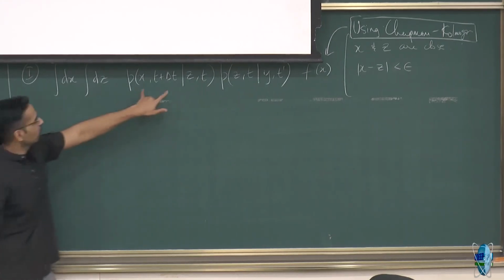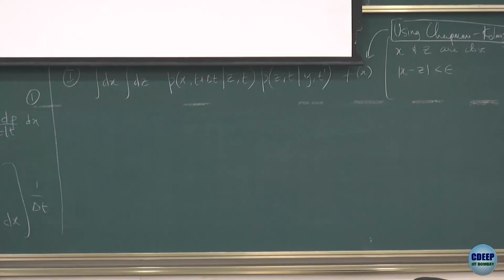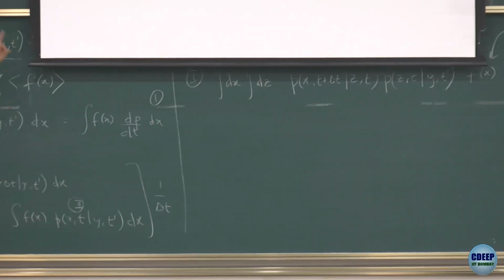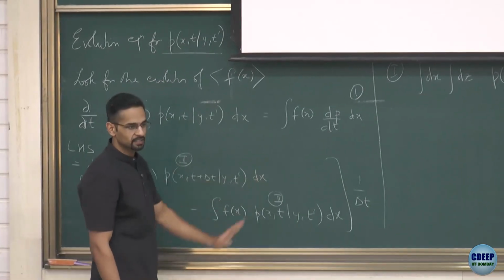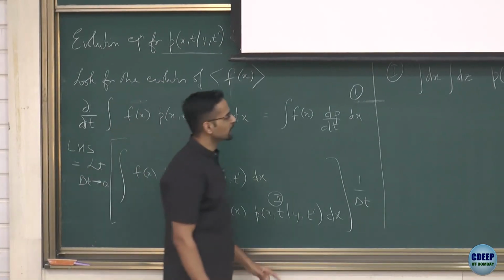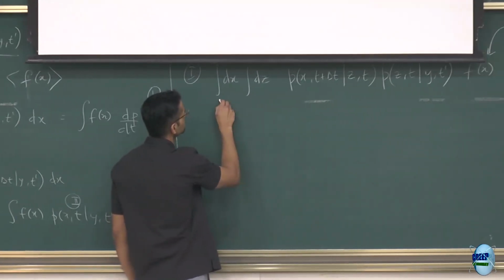So because of that, I now have this transition probability. And I know the property, I have specified some assumptions on that, right? The first is that if the step x minus z is large, then that thing is 0. So because of that, I can immediately put the integral on z, x minus z.